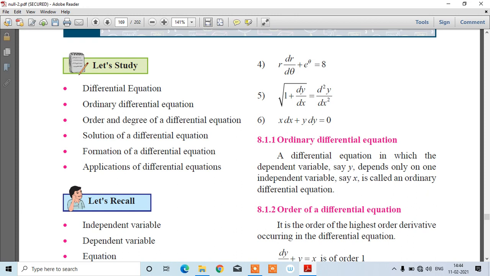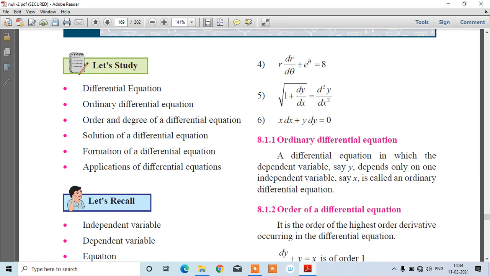Now what is the meaning of ordinary differential equation? See here, a differential equation in which the dependent variable, say y, depends only on one independent variable, say x, is called an ordinary differential equation. Usually whenever we write the function y is equal to f of x, then y only depends on x. In that case we get the differential equation, and that differential equation is called an ordinary differential equation, because sometimes y may also depend on x and other variables also.